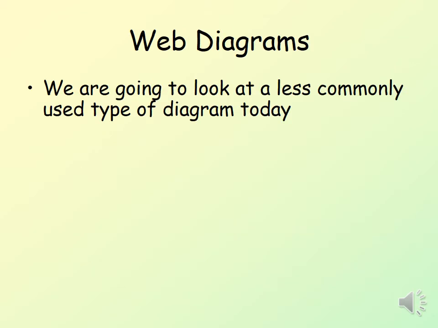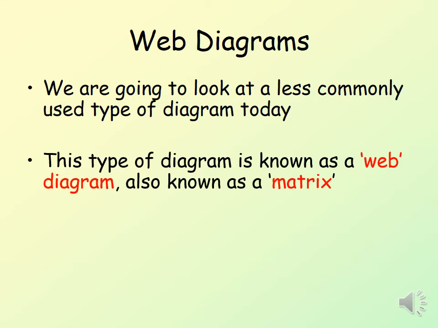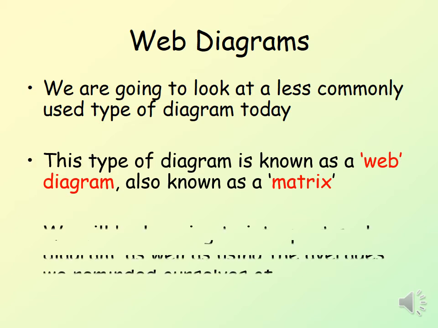So we're going to look at a less commonly used diagram, as I've already said. So it's called a web diagram, and you may also see the word matrix. So the skill is in the reading of the diagram and then calculating the mean.